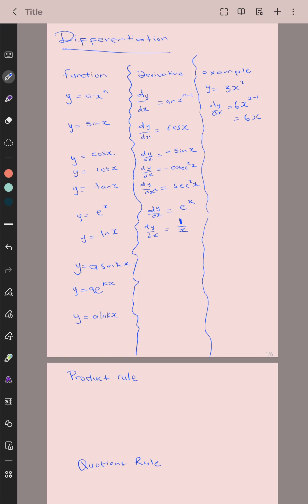Now we come to this one. y equals a sin kx. Our sine can be sin, cos, tan, or cot. Our sine has a coefficient, and the x also has a number before it. So what do we get for that? You are going to have dy/dx equals ak cos kx: you multiply the k by the coefficient of sine.